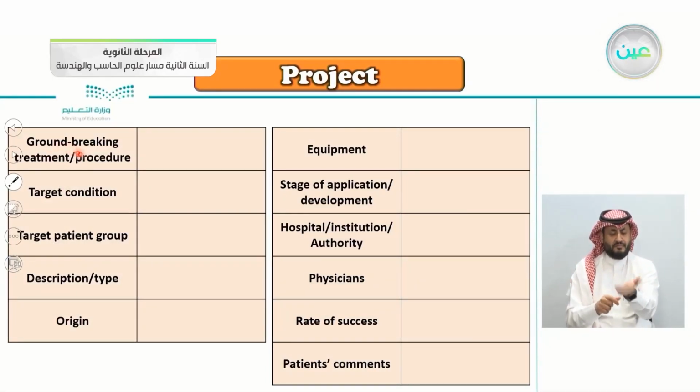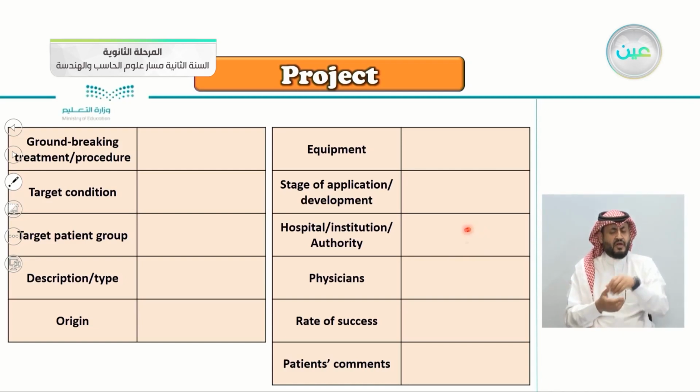The groundbreaking procedure, write it here. Target condition, what is the condition? Maybe it's cancer or Alzheimer's and so on. The target patient group, description or the type. The origin, of course, the origin of this treatment. What is the equipment needed for this treatment? Stage of application or the development here. Hospital, institution, or authority.